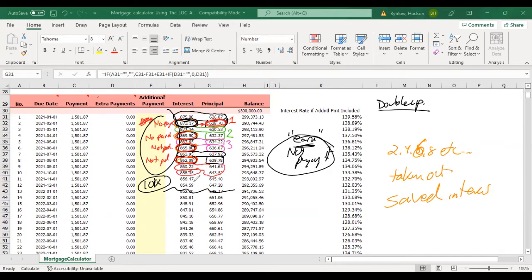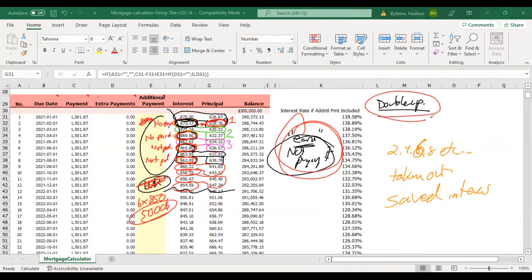That one's going to be saved, and that one's going to be saved. So there's 6 of them. Sorry, my bad. There's 6 of them times 850. That's like $5,000, something like that. You're basically earning $5,000 in saved interest costs by doing the double up thing, which does not impact your mortgage structure at all. Okay.